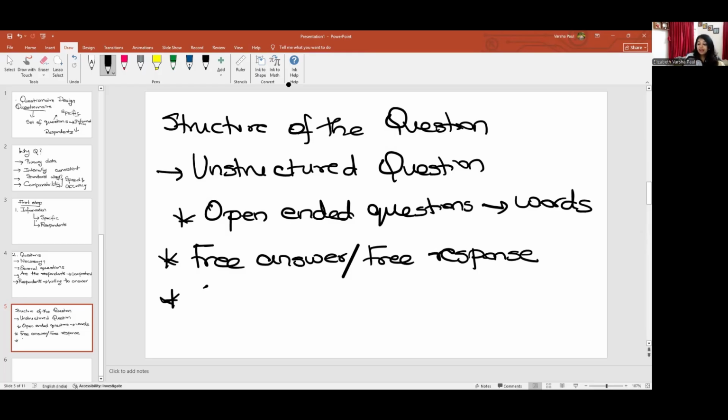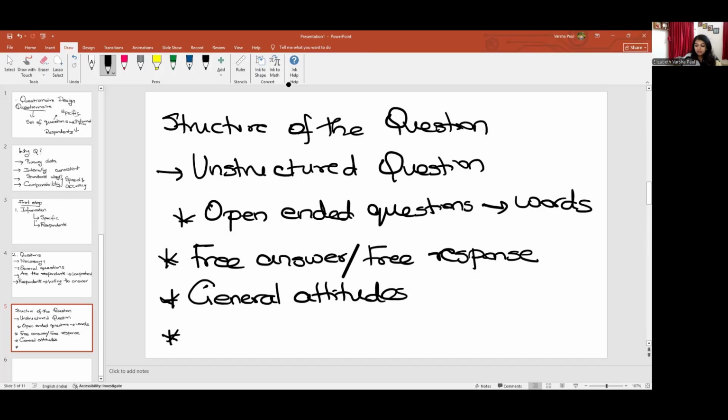So you generally get the respondents to express their general attitudes and opinions, which helps them to go with the structured questions.